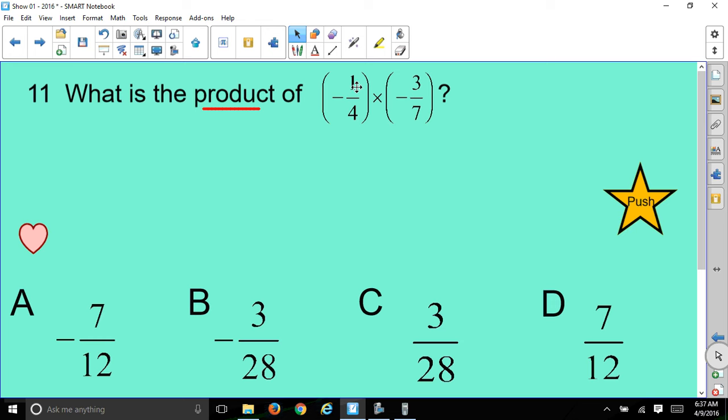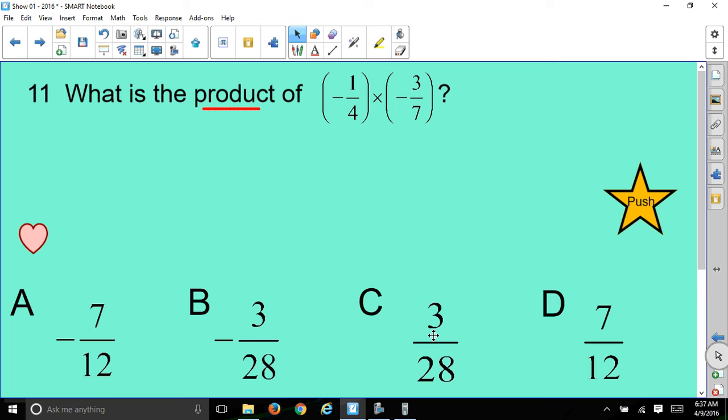But it's just top times top, 1 times 3 is 3, and I'm going to eliminate choice A and choice D automatically, so my choice has got to be B or C. Now 4 times 7 is 28. Now I notice I have a negative 3/28 and a positive 3/28.